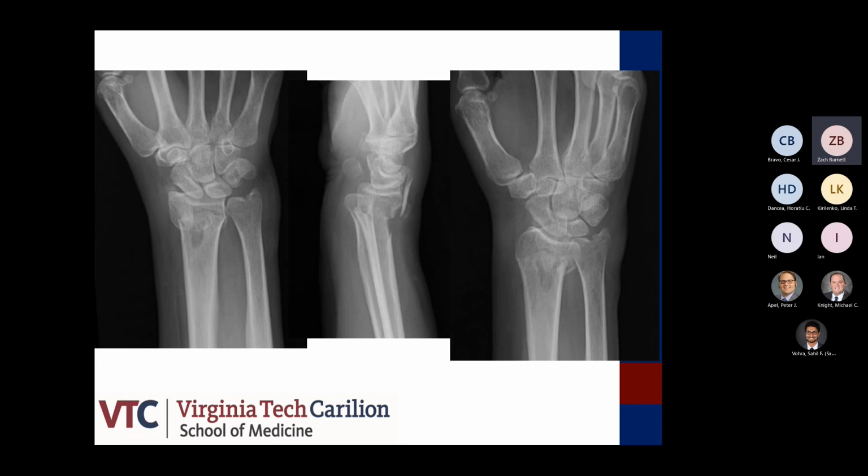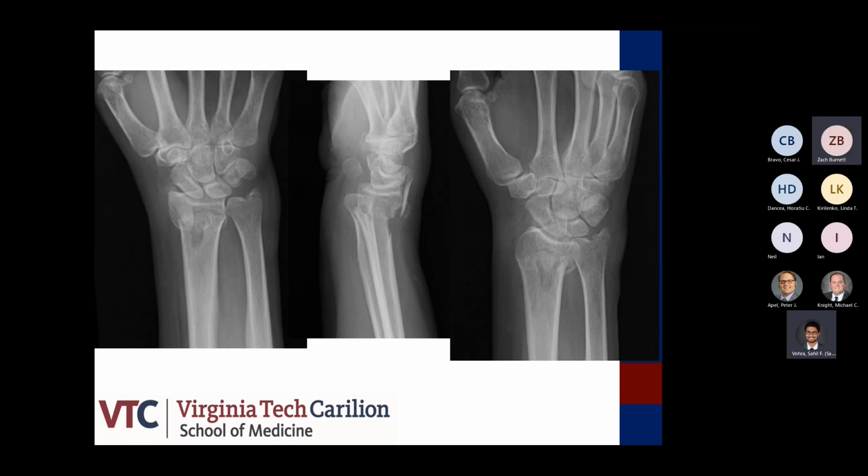So it looks like another PA and lateral images of a right wrist, with a dorsally displaced distal radius fracture that at first glance appears extra-articular. There's also an associated ulnar styloid fracture I can see. Got some dorsal comminution there too. Dorsal comminution, yeah. Carpus looks like it went with the distal fragment.